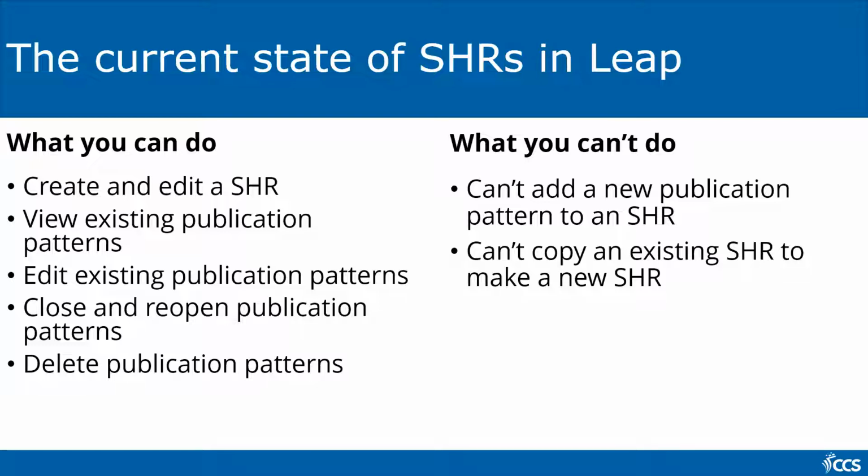However, the ability to create new publication patterns or copy an existing record is still missing. So far, Innovative has added the functions to view publication patterns that exist, edit specific fields of the publication pattern, close and reopen the publication pattern, and delete them.